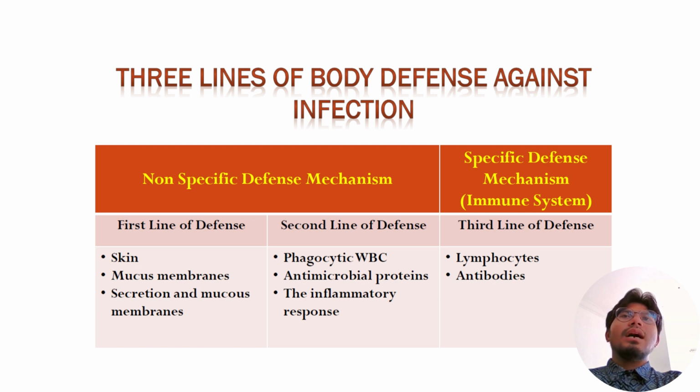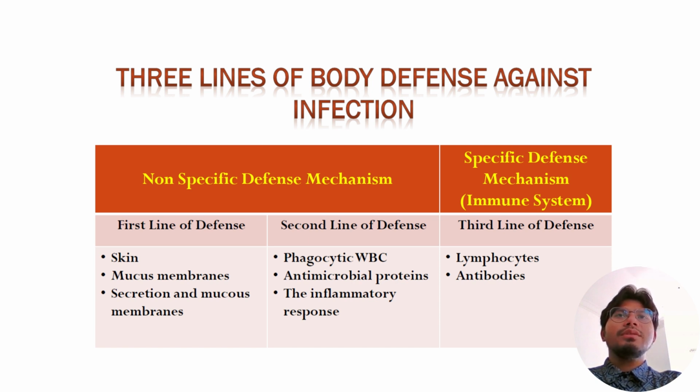There are two types of body immune defense. Number one is non-specific defense, and number two is specific defense. Non-specific is divided into two, first line and second line. And specific is known as third line defense. Usually, third line is specific to that particular pathogen.